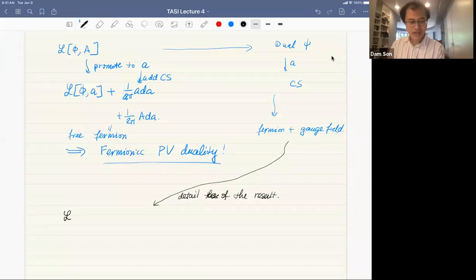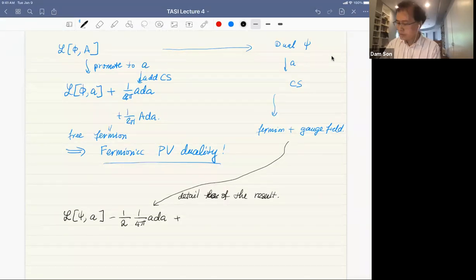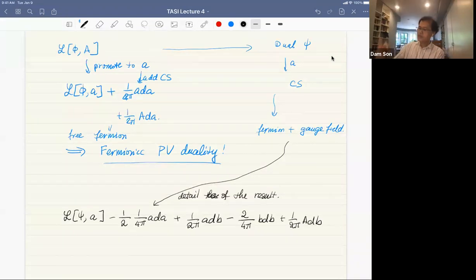After this procedure is done, at one step, we get a theory of a fermion coupled to A minus 1/4 pi AdA plus 1/2 pi AdB minus 2/4 pi BdB plus 1/2 pi AdB.